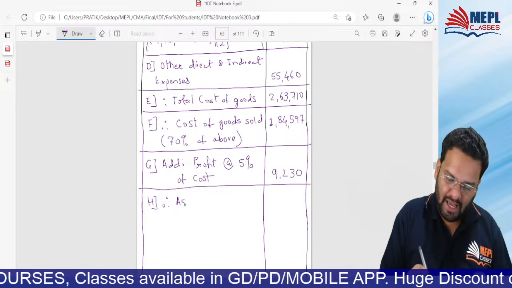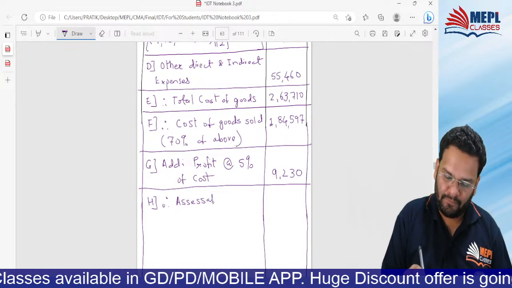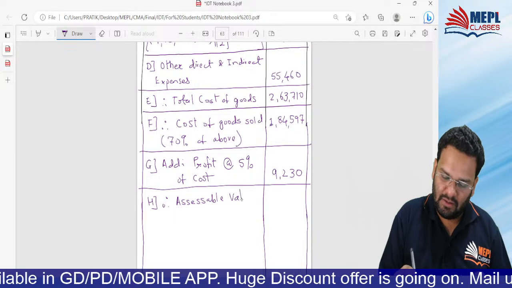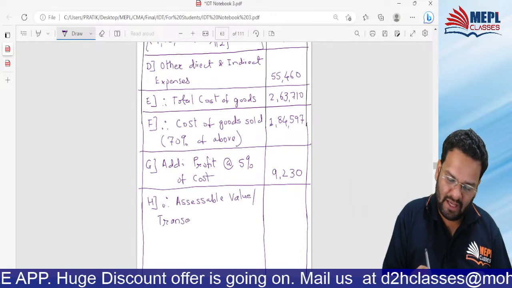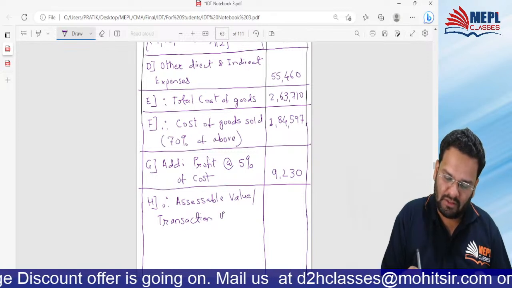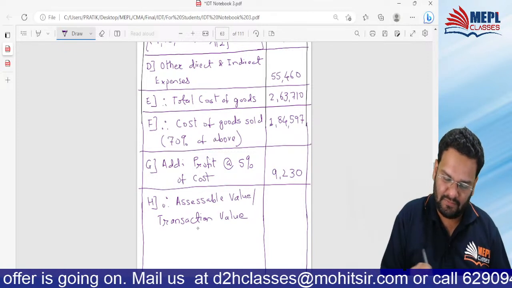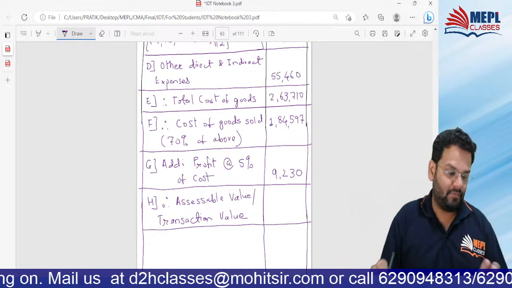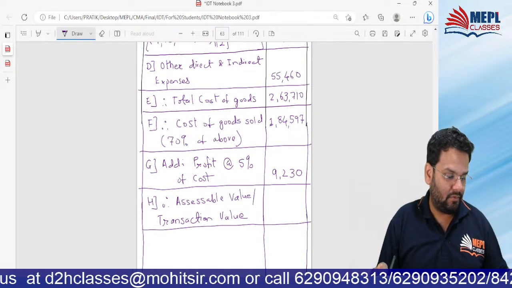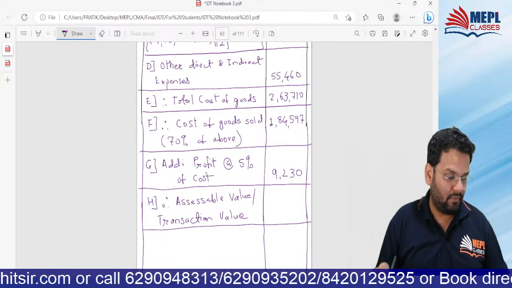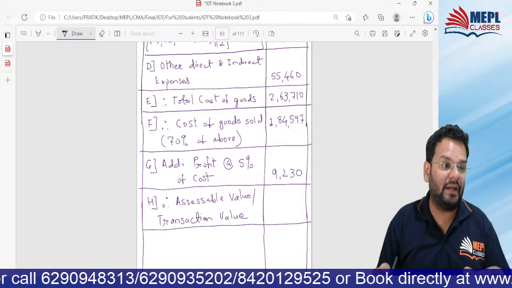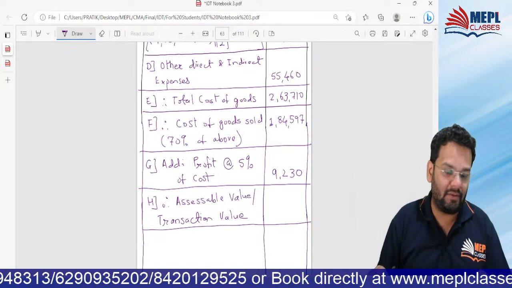Now, therefore, assessable value. So, what is assessable value, which is also called as transaction value, which is nothing but your selling price. Is it 1,93,827?